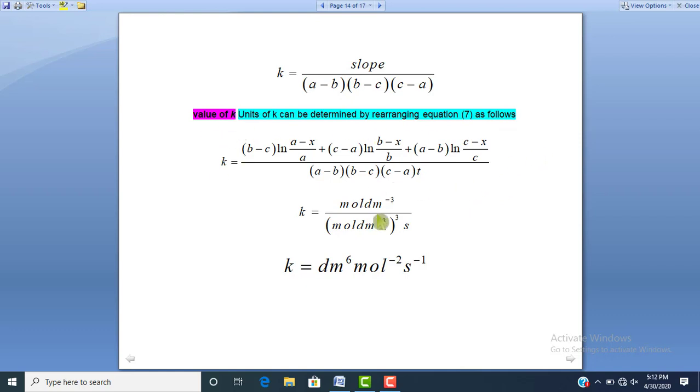So when we take the concentration in terms of mole per decimeter cube, then we get that the rate constant k has the unit dm raised to power 6 per mole square per second. The unit of rate constant k will be dm raised to power 6 per mole square per second.